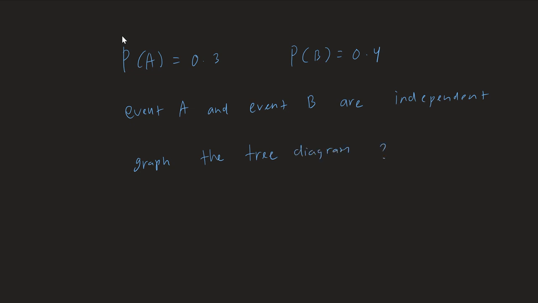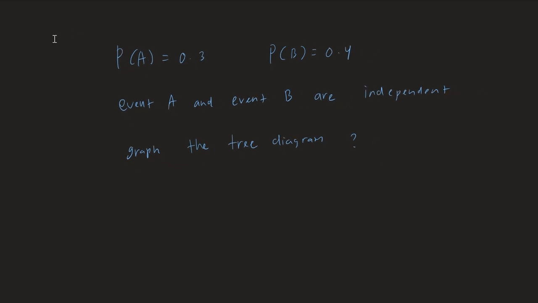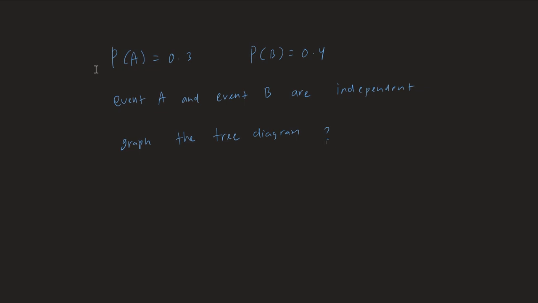I want you to show how to draw the tree diagram if you have this information. Event A and event B are independent. The probability of A, I would just write event A happening, so event A would be 0.3 probability, and event B would be 0.4 probability, two separate lines.